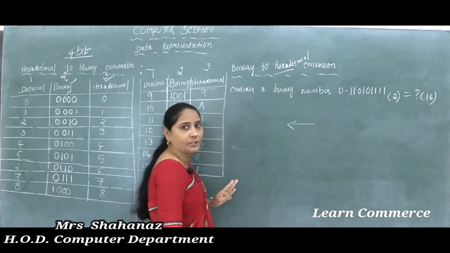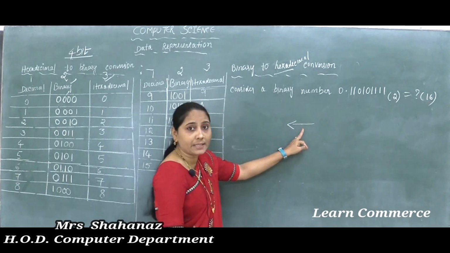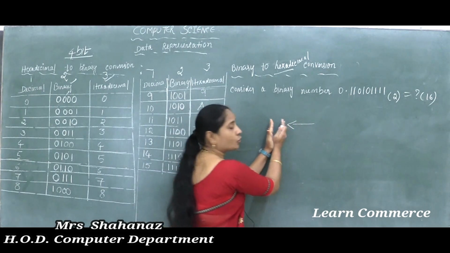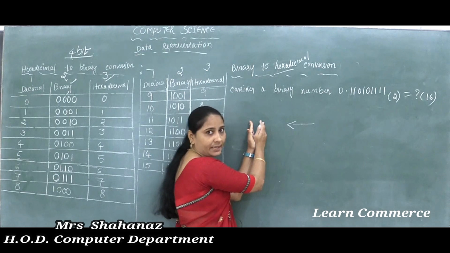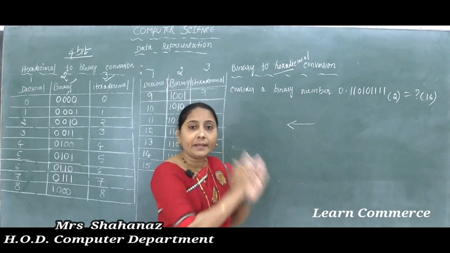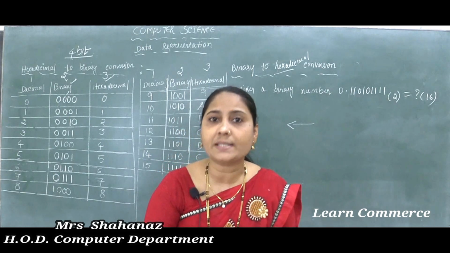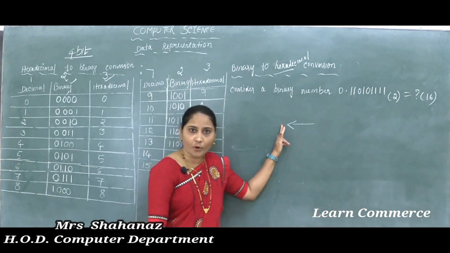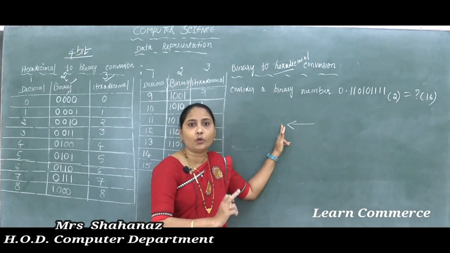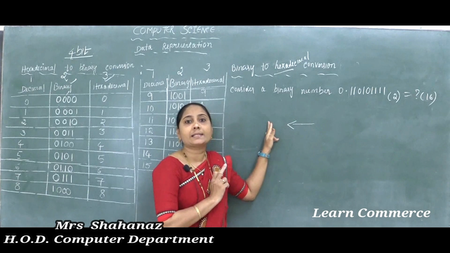We need to start from the right side and make each group 4 bits, and convert each group into its equivalent hexadecimal digit.